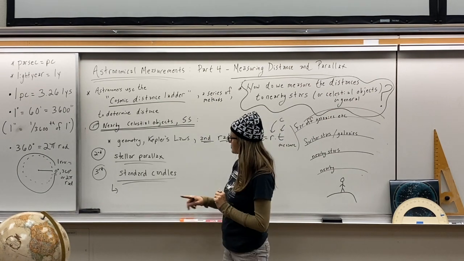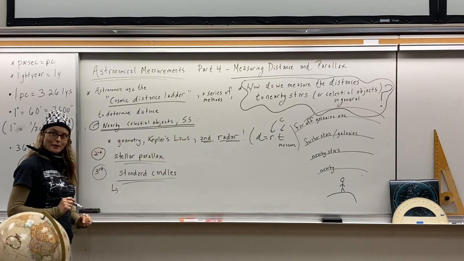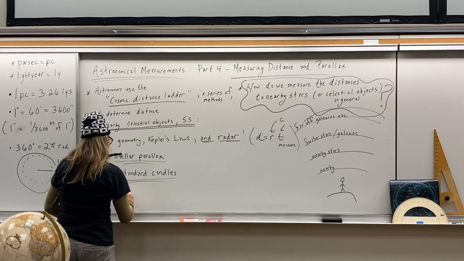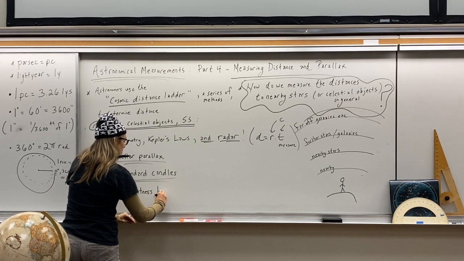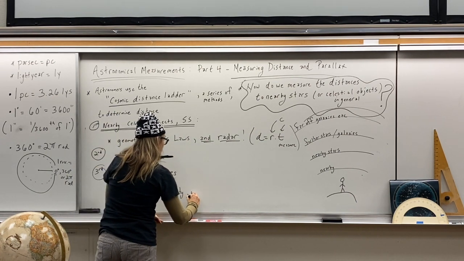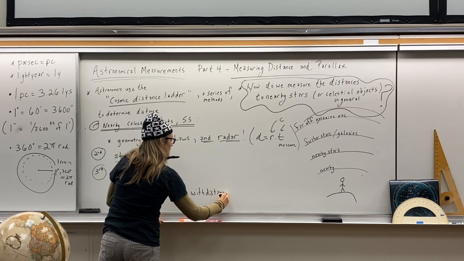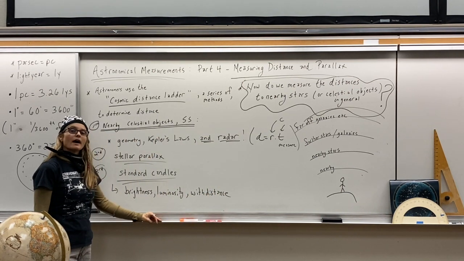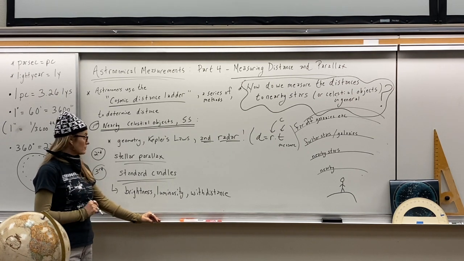So it's a little more complex, a subject for another video clip. So standard candles use brightness or magnitude, luminosity, with distance, and our knowledge of how luminous these stars should be in their evolution.